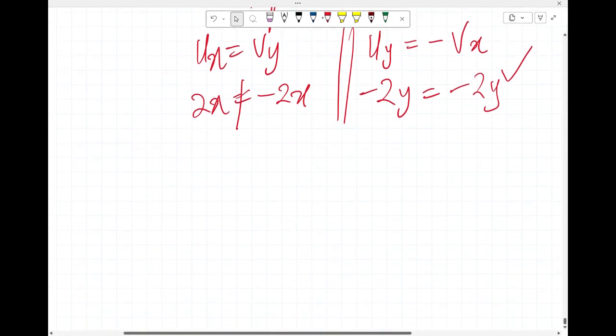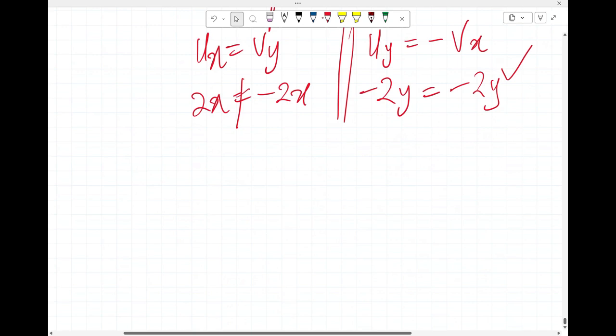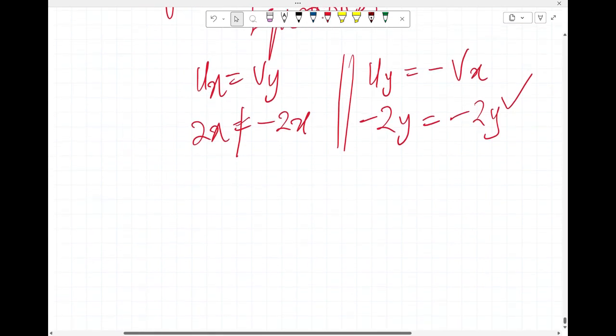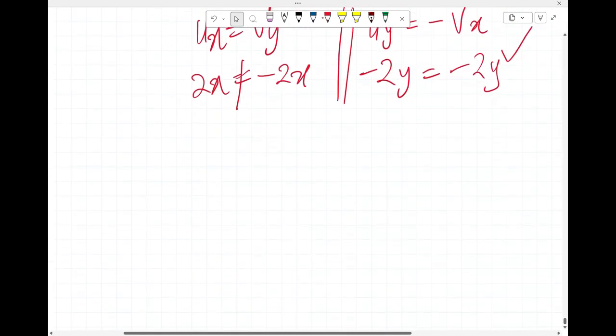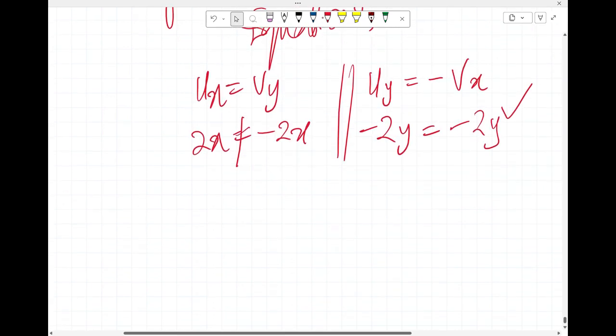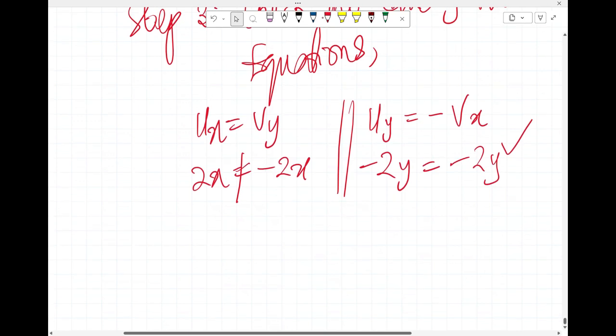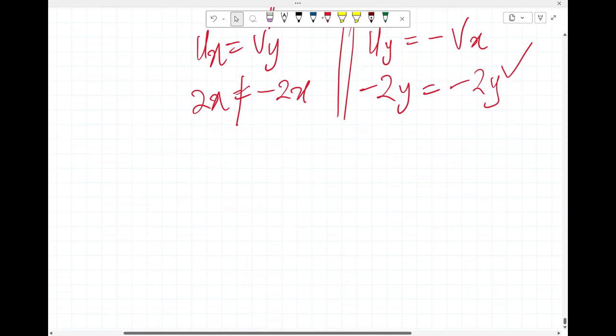So in this case, it simply means that we can't work with this. Now for both to hold, it means that x and y have got to be 0. So that's the only thing. But apart from at 0, it doesn't work at any other point.